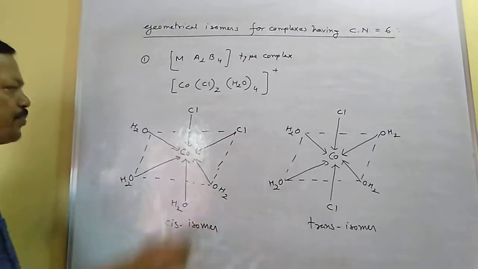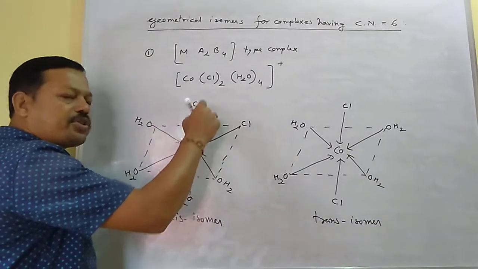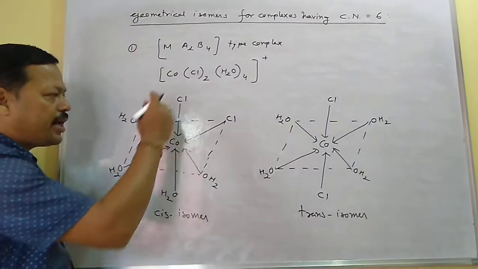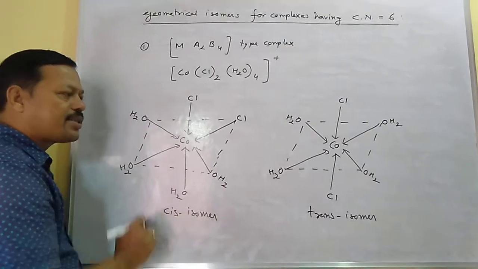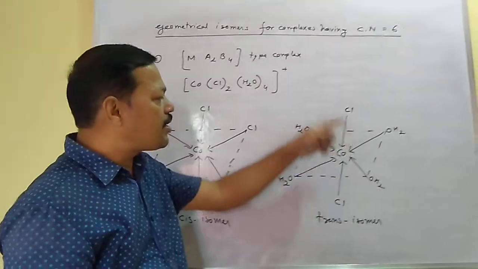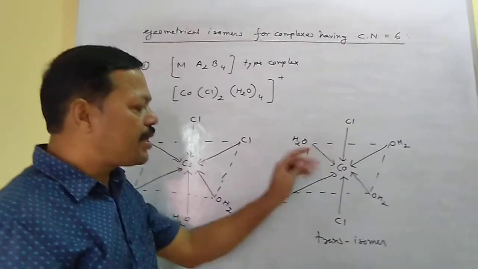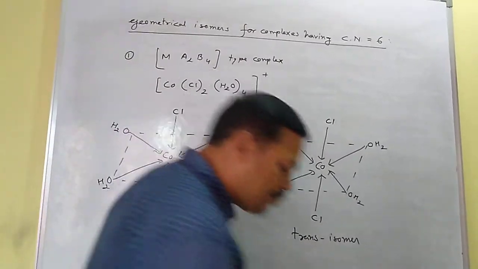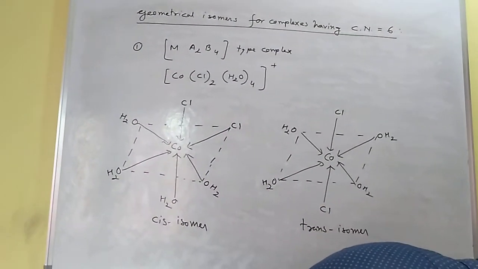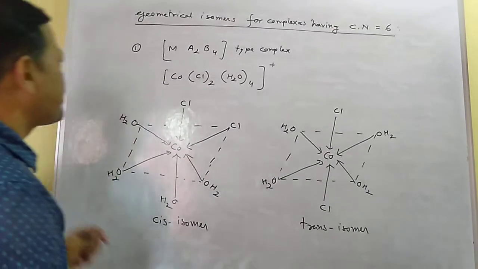Always remember, if these two positions contain similar ligand, they are in the same phase, that's why they are called cis isomer. These two positions are completely opposite from one another, that's why they are called trans isomer. So this is one example of octahedral complex.